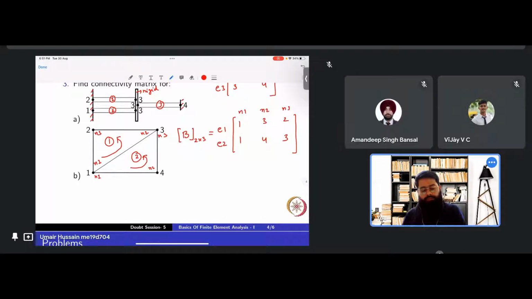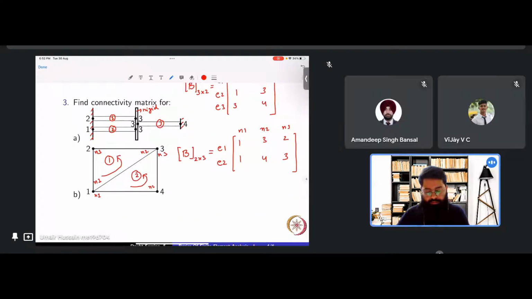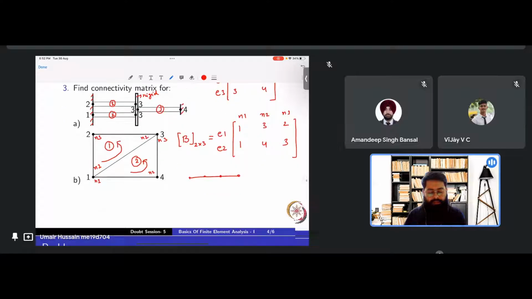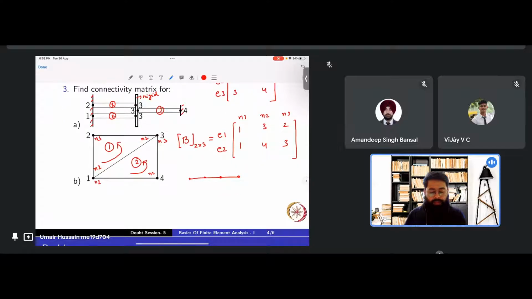So when you start doing the 2D problems, then you will understand the importance of this connectivity matrix. When we have to assemble the stiffness matrix for each element, in case of 1D, if the nodes are arranged in linear fashion, it's very easy. One, two, three, four. We have two common here, three common here.